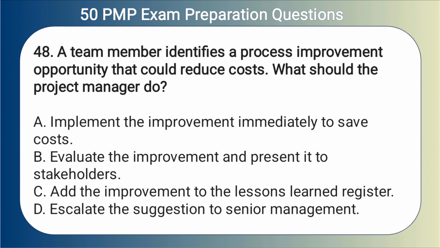48. A team member identifies a process improvement opportunity that could reduce costs. What should the project manager do? A. Implement the improvement immediately to save costs. B. Evaluate the improvement and present it to stakeholders. C. Add the improvement to the lessons learned register.